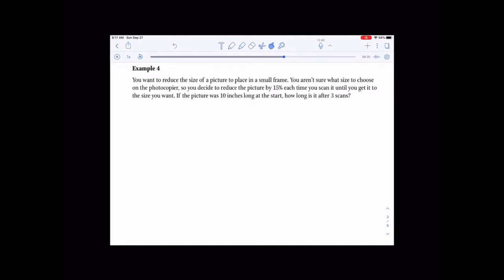Let's begin with our generic exponential equation of y is equal to a multiplied by b to the amount of times it has occurred. Let's substitute in our known values. The initial size of the picture, a, is equal to 10 inches.